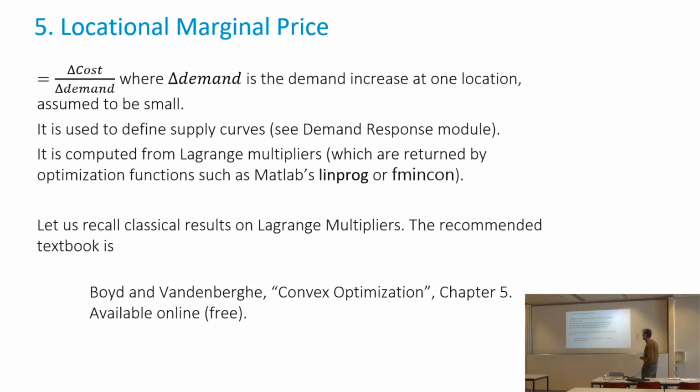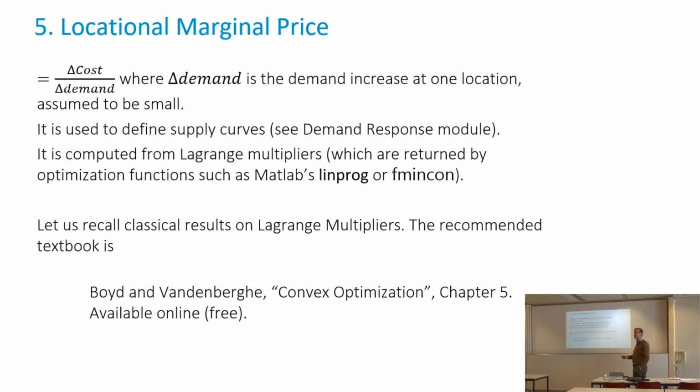Let's move on to the next point, on which we will conclude for today, the concept of Lagrange multipliers and their application, which are called locational marginal price. In the electricity market and in the operation of transmission grids, this is a basic mechanism that is used. We have seen in the two examples at the first hour that depending on the transmission capacity on my toy grid, I had different marginal prices of power at every node here.